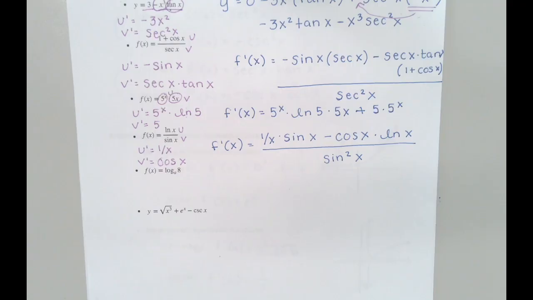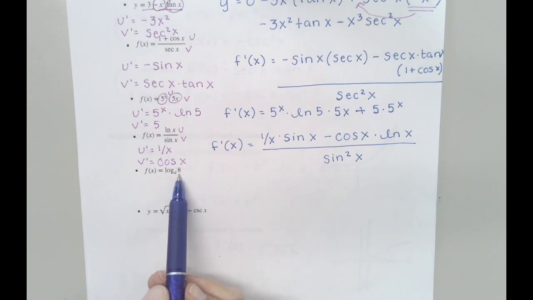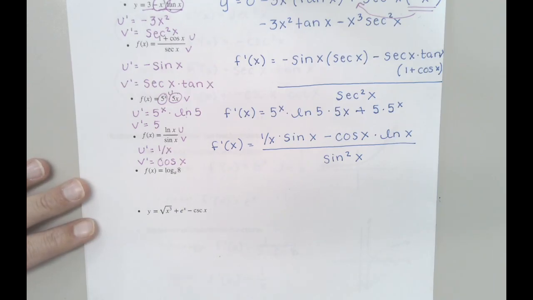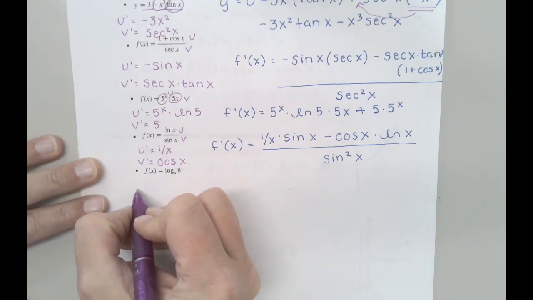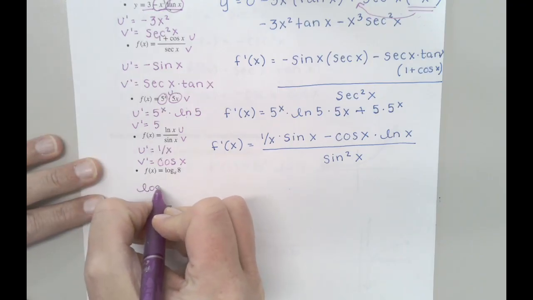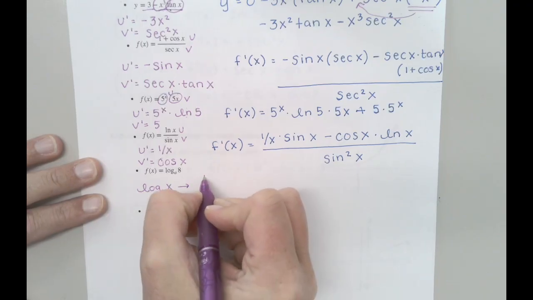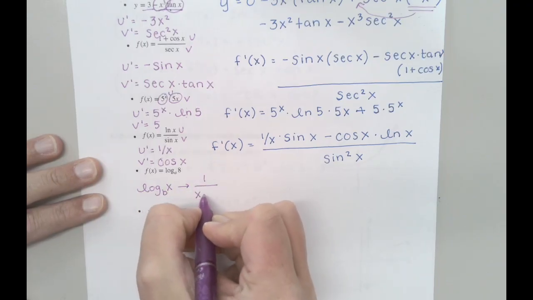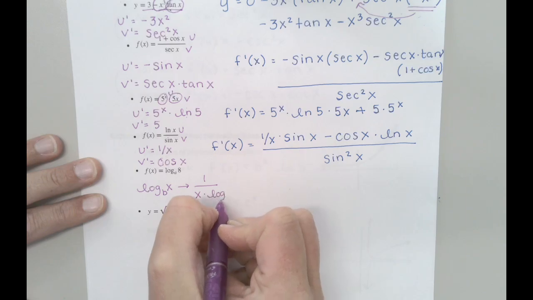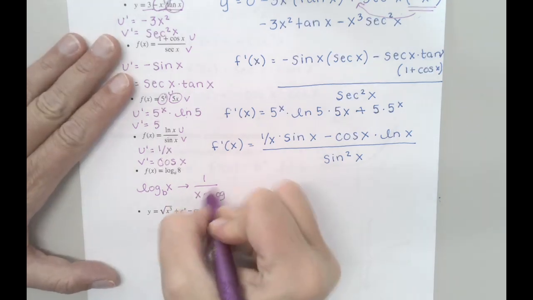Okay, this next one's really weird, and I actually feel like maybe there's a typo in how the problem was written, because usually we take the log of a variable. Usually this would be like log of x. What we wrote down on the previous page is that when your function is log base b of x, the derivative would be 1 over x times natural log b.